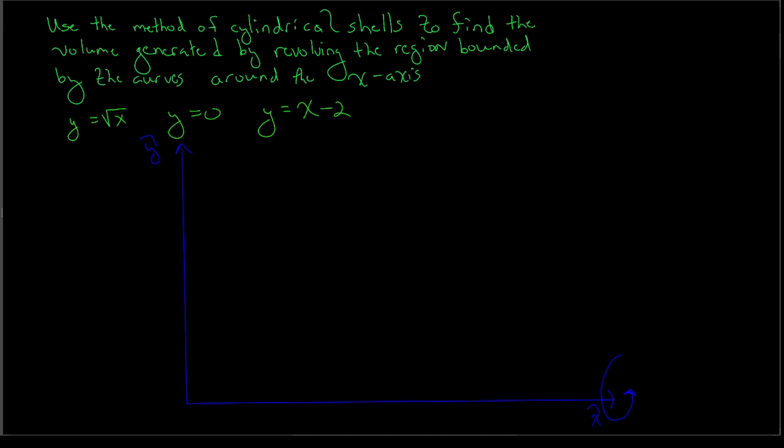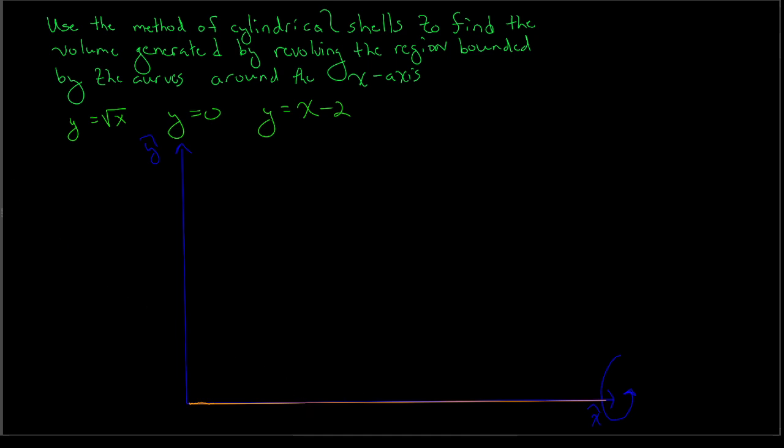So I think I'll start with the line y equals 0. That is the x-axis itself. So I will just trace a little orange region over the x-axis here. And that's that. Now I'm going to look at the y equals x minus 2.